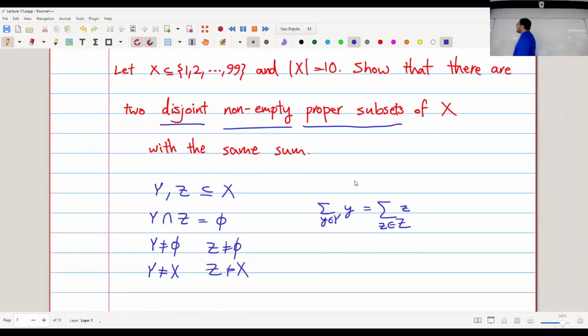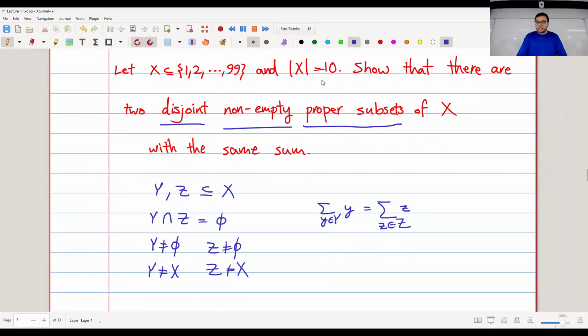Okay. How many disjoint non-empty proper subsets does X have? So X is a set of size 10. Okay. Oh, sorry, forget about the disjoint part. How many non-empty proper subsets does X have?